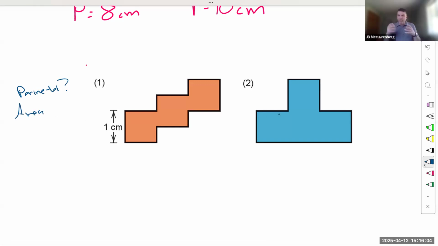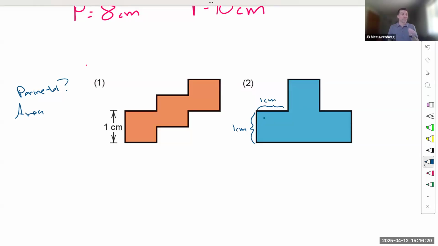So they're both sort of related in the fact that this is 1 centimeter tall, and so is this, right? This is also 1 centimeter. This one looks a little bit easier. So we're going to measure this 1 centimeter. This is the same 1 centimeter.